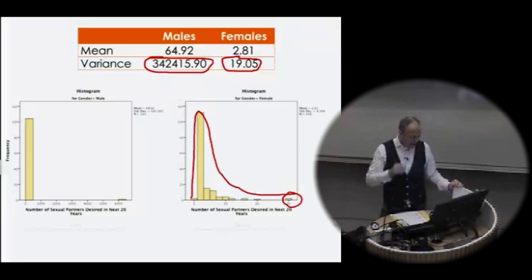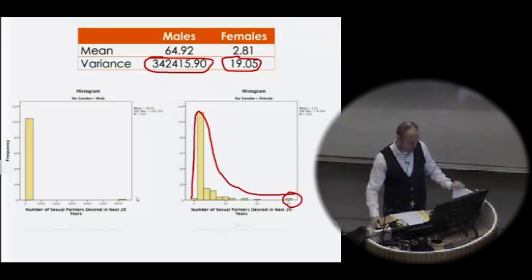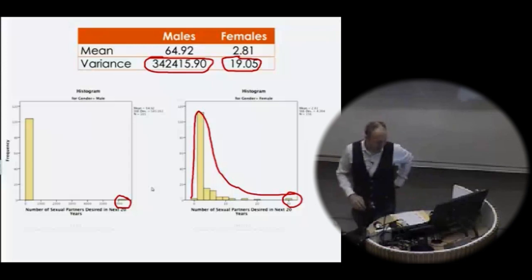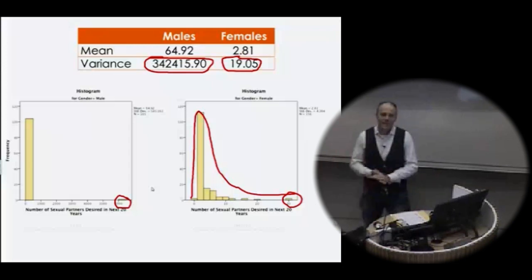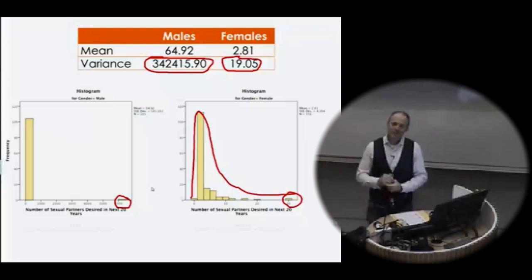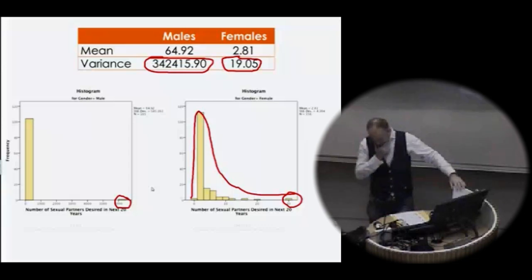The male distribution looks very, very odd indeed because there's a big spike, and then this chappie over here. The reason I use these data is that this is a very good example of a very obvious outlier, because it turns out that if you ask about 106 men how many sexual partners they would like in the next 20 years, you're going to find one idiot who sits there and says, well, I don't want to have just one.